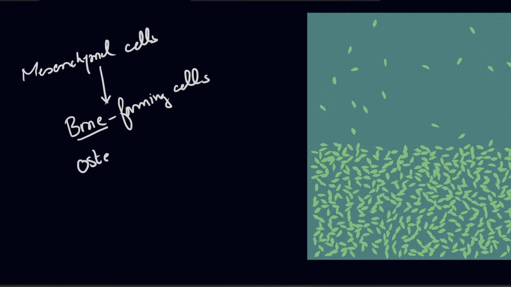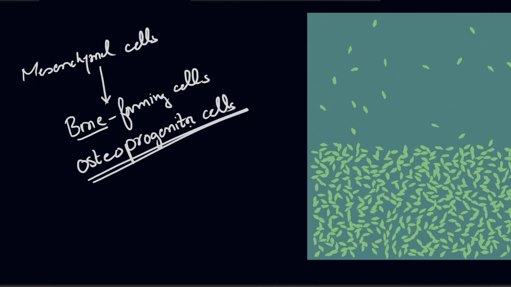Bone is osteo, and forming is genic, so osteogenic cell, or another, more common name, osteoprogenitor. They are called osteoprogenitor cells because they will form those cells which will actually form the bone. They are stem cells, less differentiated.